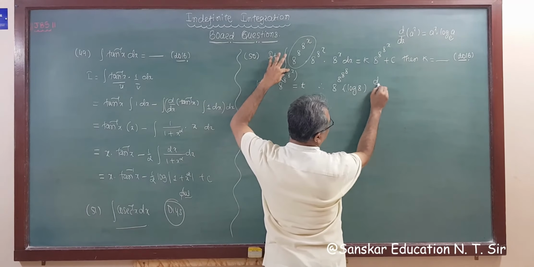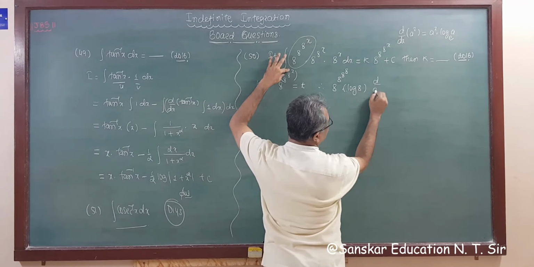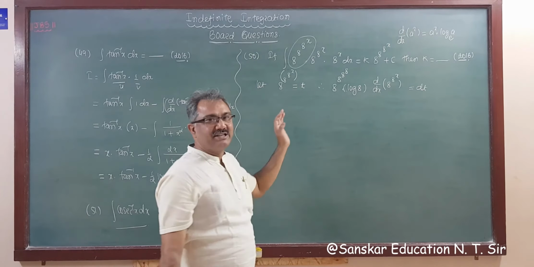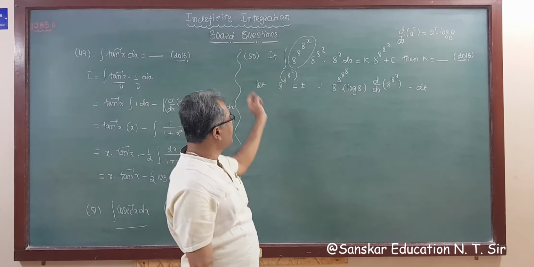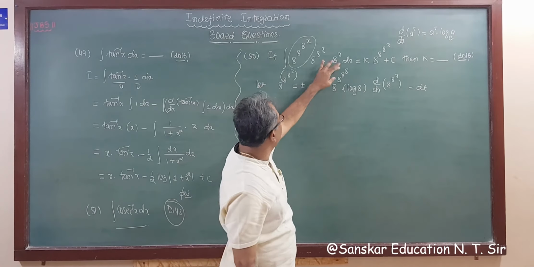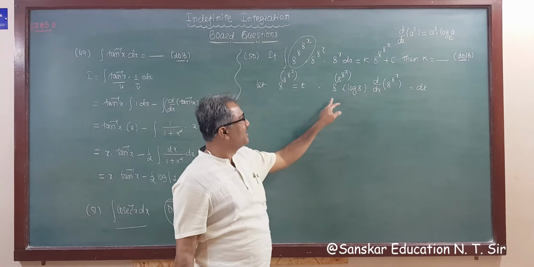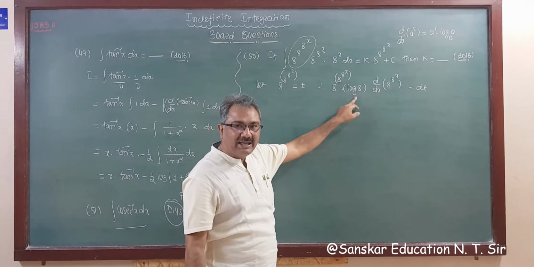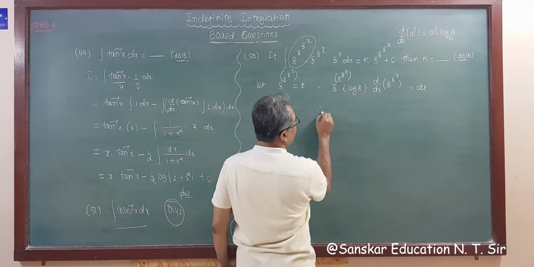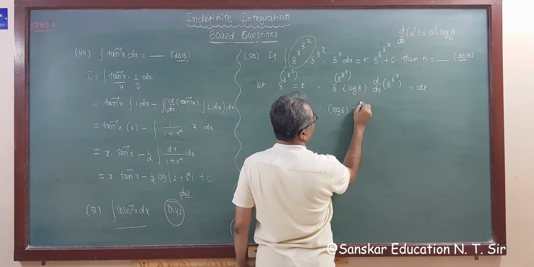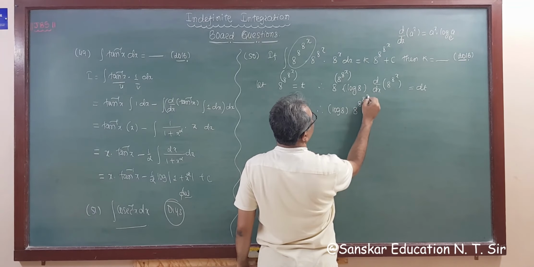So I am writing all steps here: d/dx of 8 raised to 8 raised to 8 raised to x is equal to dt. The derivative is not finished yet. Understand, the derivative of a raised to bracket is a raised to bracket into log e 8, and the derivative of the bracket is again, so again differentiating this, I am writing log 8 here first, then 8 raised to x.